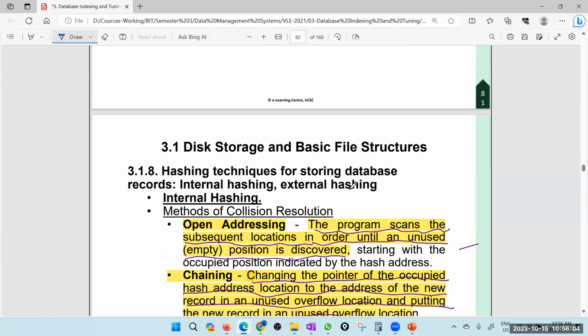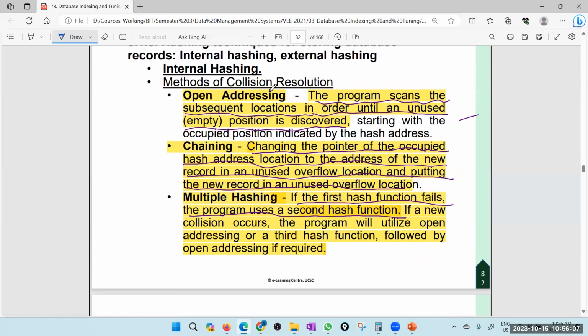Okay. Right. So these are some possible collision management techniques: open addressing, chaining, multiple hashing. So what are these three techniques? Open addressing means you get a block number from your hashing algorithm, but that block is filled.